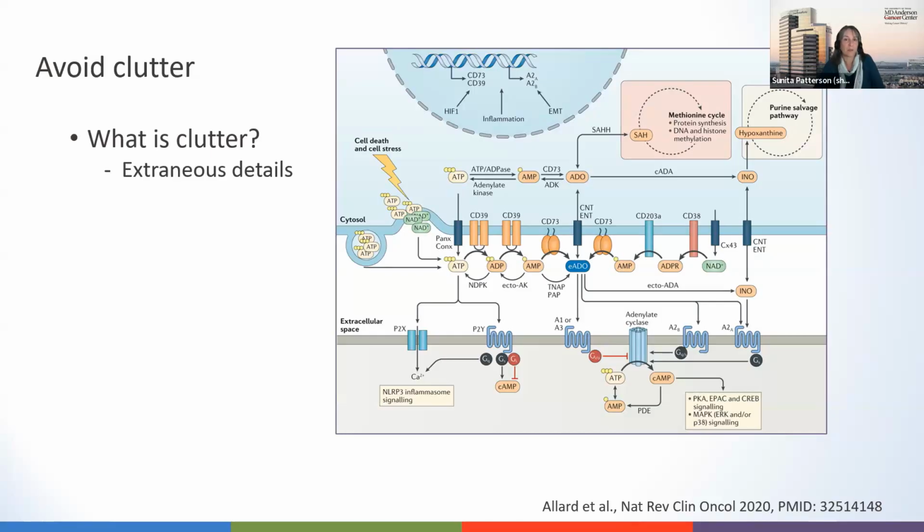For example, this figure is from a review article that summarizes the molecular pathways regulating extracellular adenosine. This figure is appropriate for the review article because the article has a broad scope. However, if you were writing a research article focused on only one of the mechanisms depicted here, this amount of detail would be too much. In that case, it would be better to show just the relevant portion of this figure.